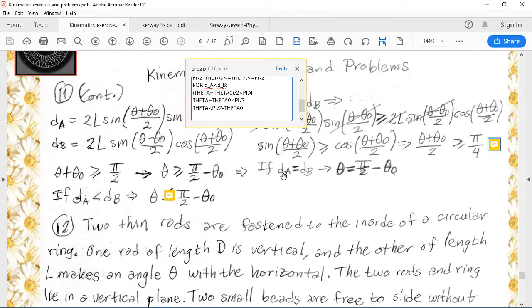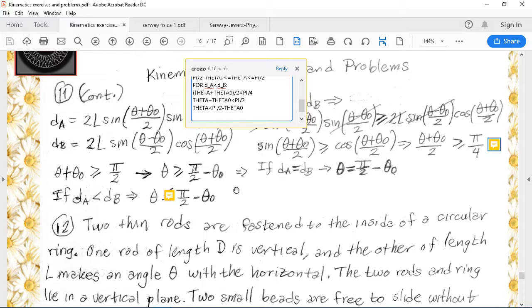Okay, if the two distances are equal, that means that theta equals pi halves minus theta 0. Now, if dA is less than dB, that means that (theta plus theta 0)/2 is less than pi fourths, and therefore theta plus theta 0 is less than pi halves, which means that theta is less than pi halves minus theta 0.